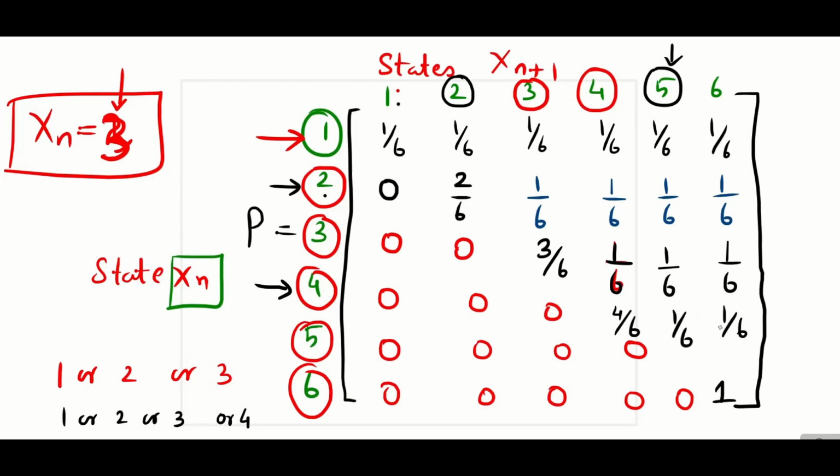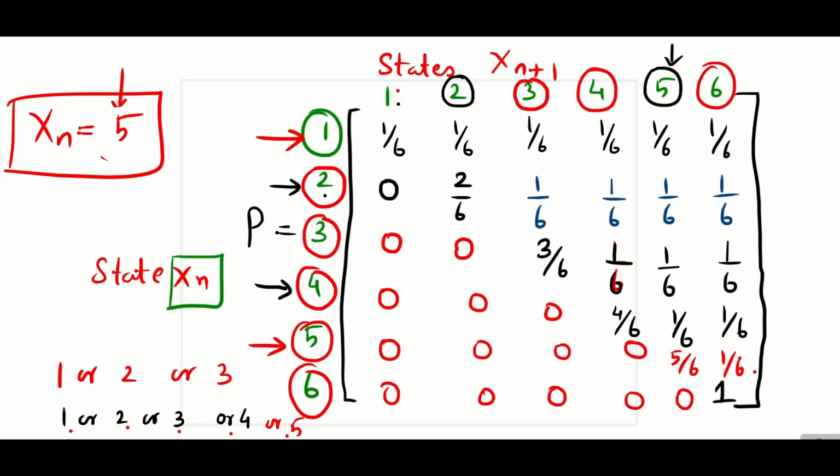Similarly for 6 it is also 1 by 6. And then on state n, the maximum value is 5. Then on the n plus 1th state, the probability of getting maximum value 5 is 5 by 6 because you will be getting 1 or 2 or 3 or 4 or 5. So 5 by 6, and getting 6 is simply 1 by 6.